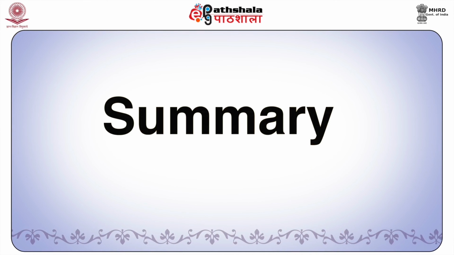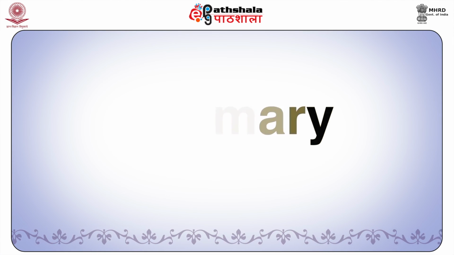The summary of what we have learned in this module is: zinc finger is any compact domain stabilized by a zinc ion. Zinc has a structural role in zinc finger. Zinc holds the protein in the proper conformation.